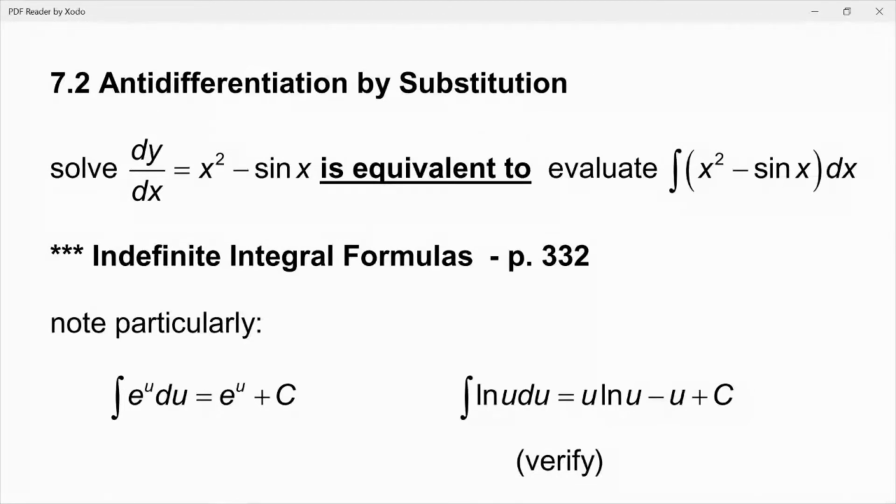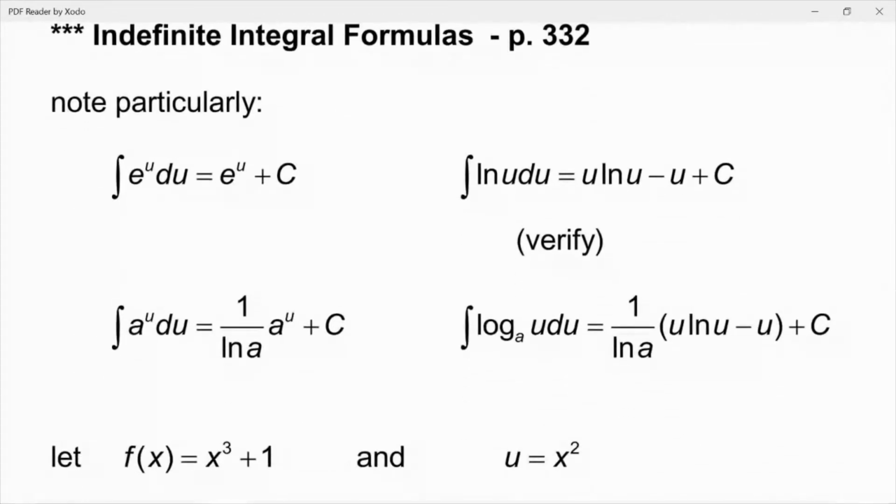Okay, so when we go through and do integration by substitution, keep in mind that we have a lot of derivative rules that we haven't really been using to do antiderivatives yet. So things like e to the u, we haven't really been taking antiderivatives involving e to the x or e to the u, or natural log of u.